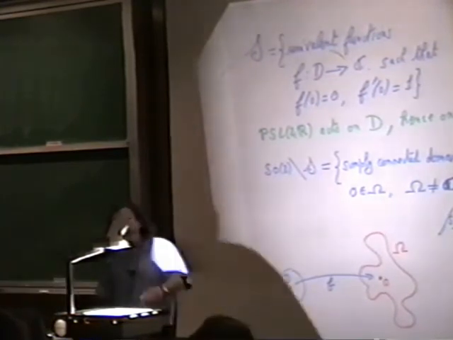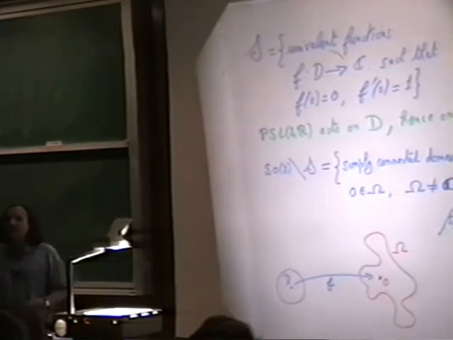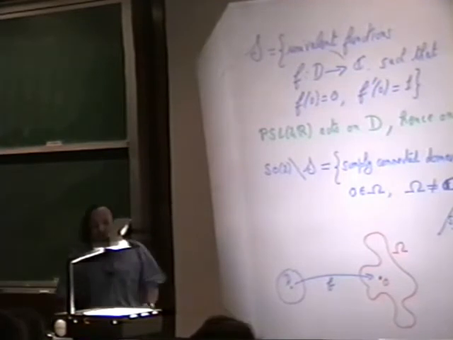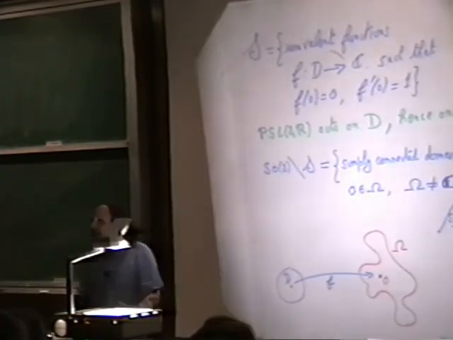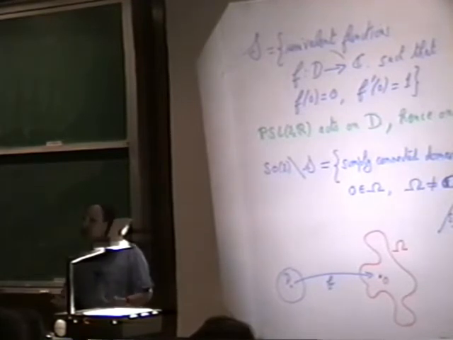Now take the quotient of S by SO2, because after all, it is identified canonically with the space of all simply connected domains in C containing the origin, modulo the equivalence relation of similarity.